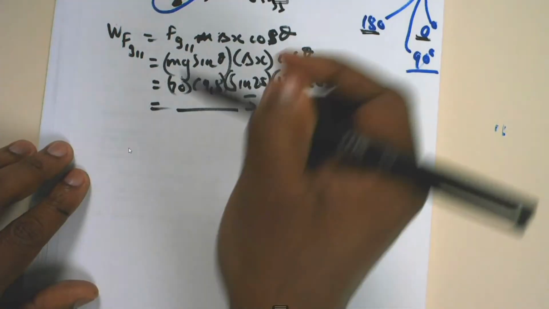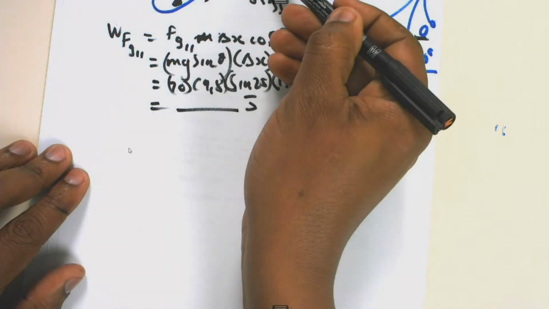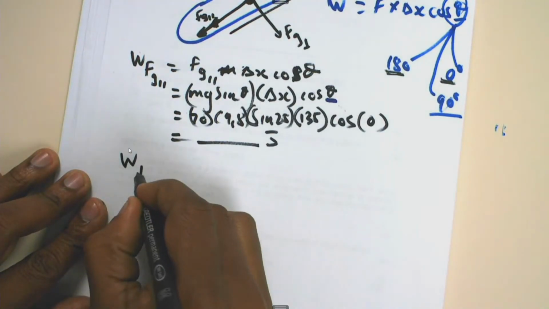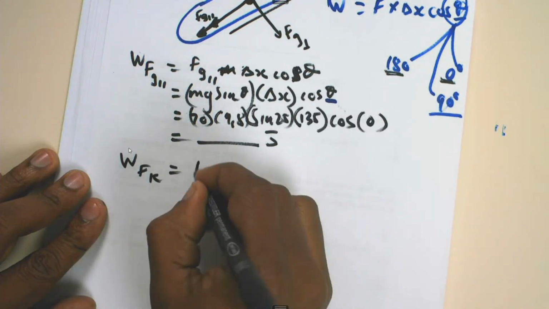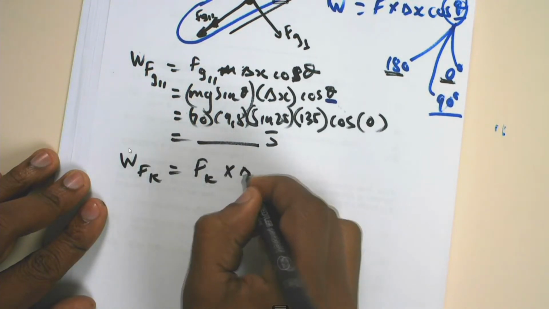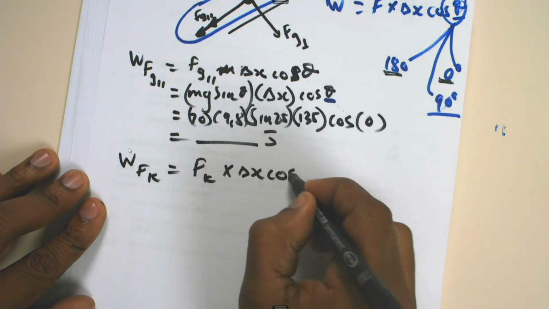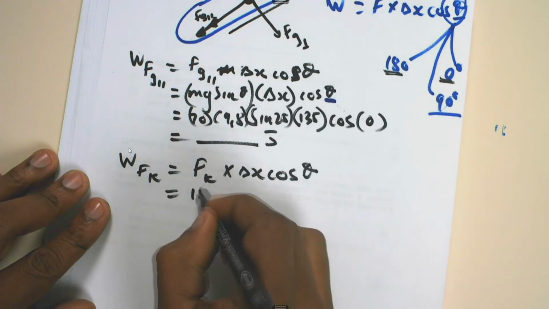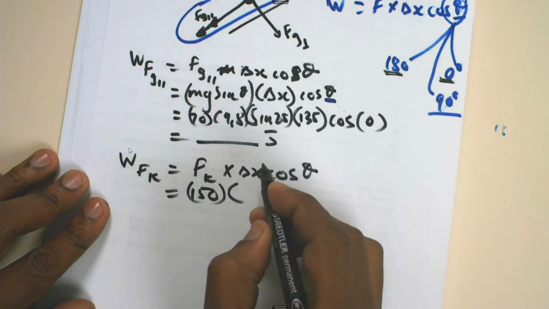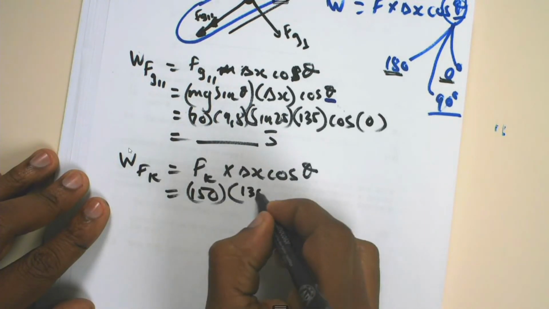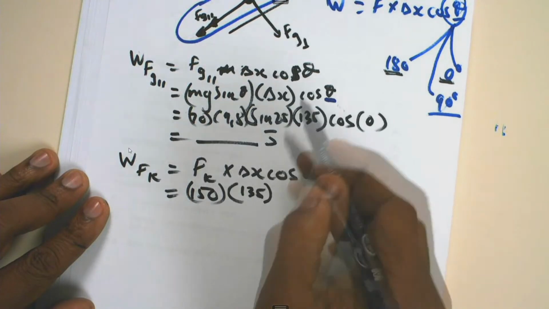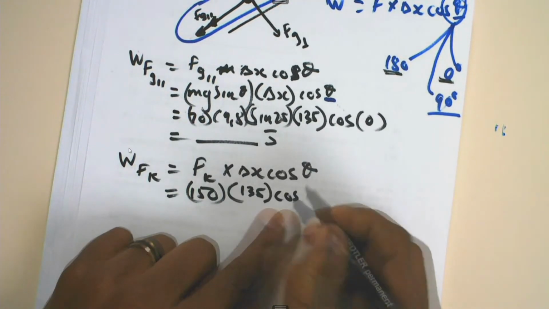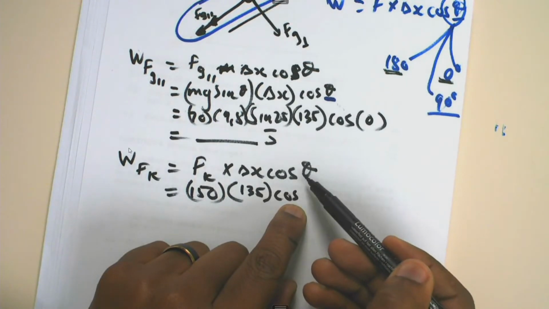I will further move on and say, but I need now to calculate for Fk. So work done by Fk will also be Fk multiplied by change in x cos of theta. Fk was given as 150, and then the displacement is 135, and then cos of either 0 or 180.